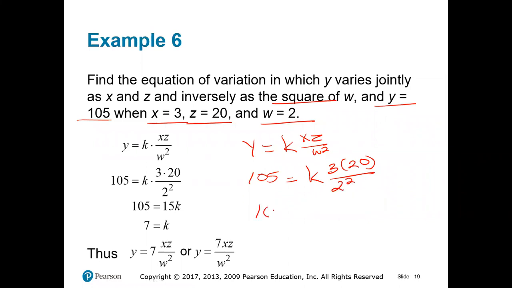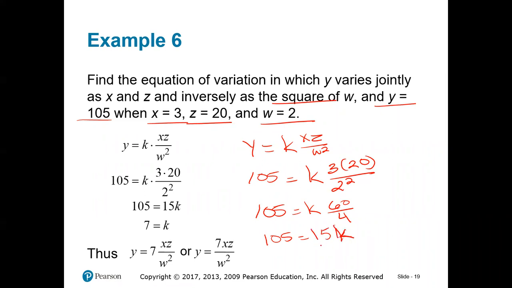So let's clean this up. 105 is equal to k. 3 times 20 is 60. 2 squared is 4. Now let's clean it up just a little bit more. And if you can reduce that 60 and 4, I would reduce. Always reduce, make it easier. If not, just leave it alone. But 4 goes into 60 15 times, so that's going to make it a lot easier.